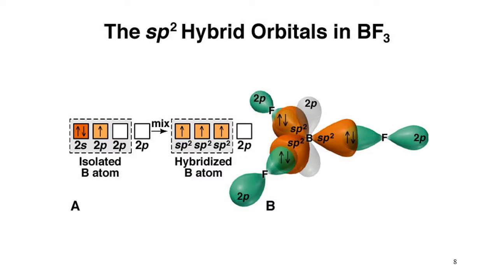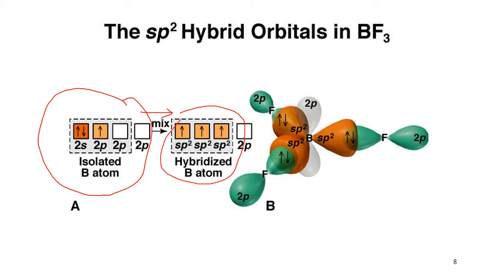While for boron trifluoride, the hybridization involved is sp2. We have discussed this in the previous video, the isolated boron atom. So this is the isolated boron atom, and then when it goes towards hybridization, you can see the 3 sp2 here, so it becomes 1 sp2, 2 sp2, and 3 sp2, and then it leaves 1 empty 2p.